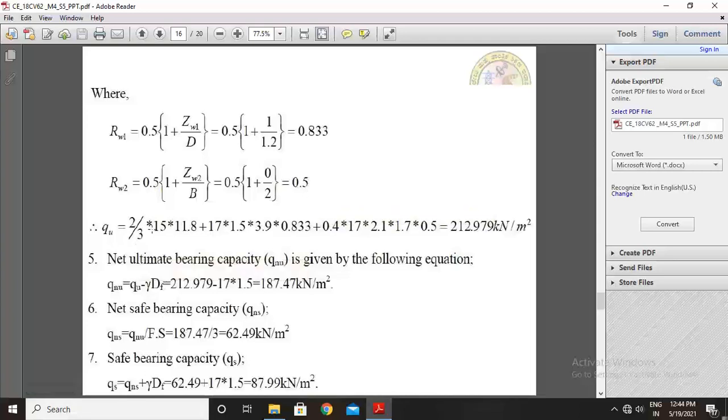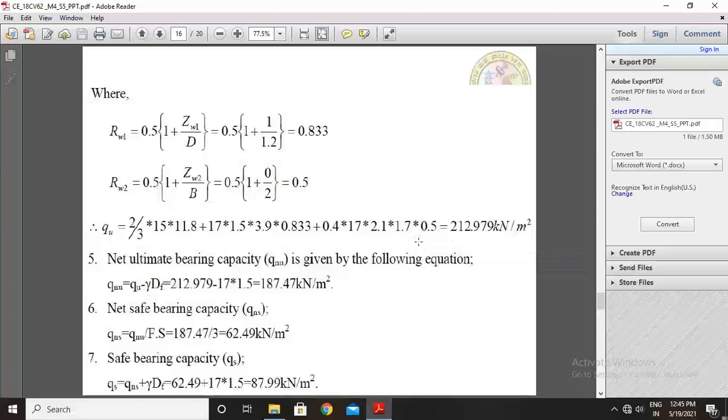So then substitute the values in the above equation, that is ultimate bearing capacity. So 2/3, C is 15, into NC is 11.8, plus gamma is 17, Df is 1.5, into NQ is 3.9. So plus 0.4 times gamma is 17, B is 2.1 meter, N gamma dash is 1.7, and water reduction factor Rw2 is 0.5.